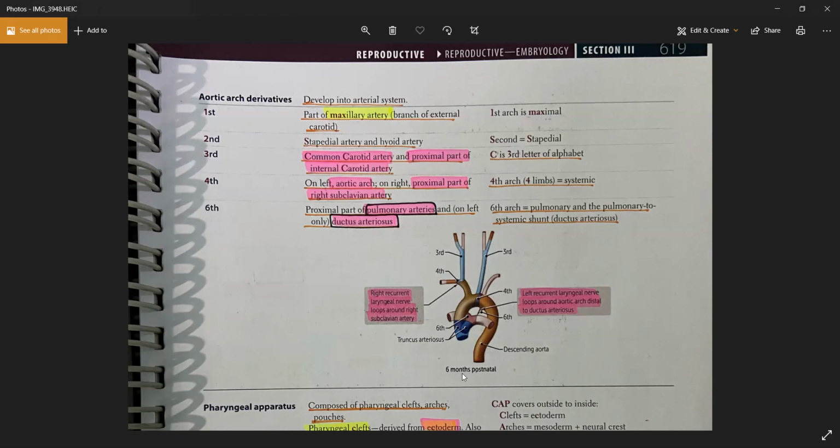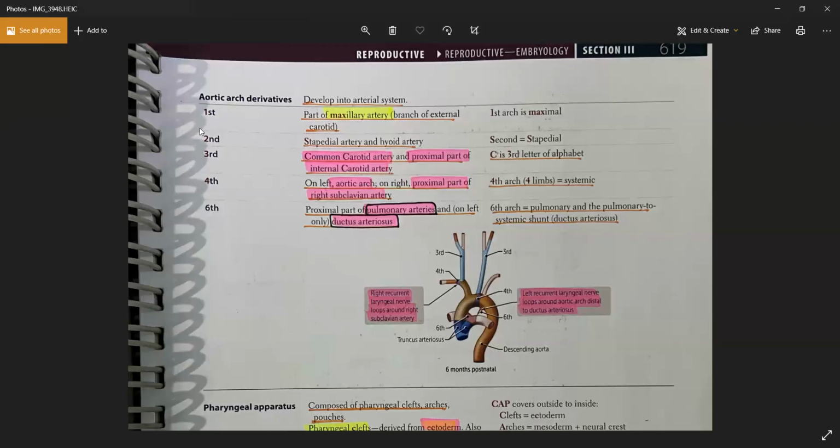The third arch forms the common carotid and the proximal part of the internal carotid artery. On this diagram, you can see this is the internal carotid artery and this is the common carotid artery, and both are formed by the third arch. First arch forms the maxillary artery, second arch forms the stapedial artery in the ear, third arch forms the internal carotid artery and the common carotid artery.